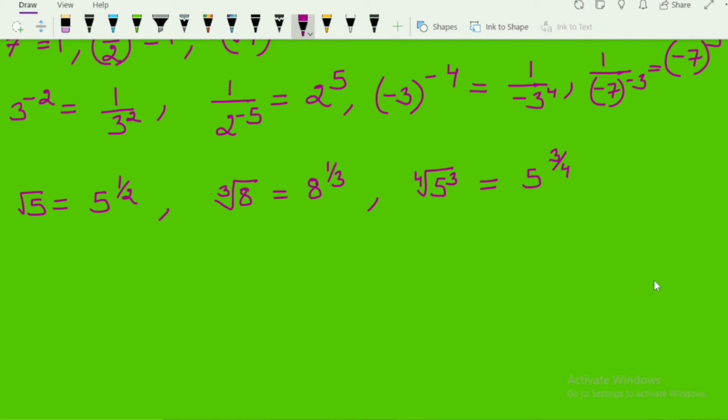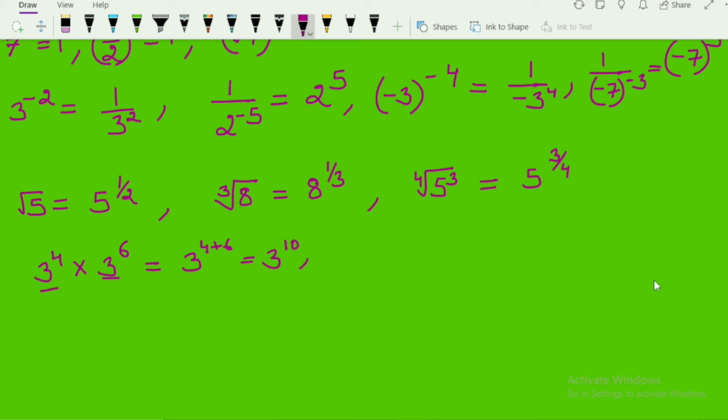Now to multiply two exponential numbers, look at the rule. When we multiply, the powers are added, but the bases have to be the same. Let's take 3 to the power 4 multiplied by 3 to the power 6. So simply we write the base one time. Base is 3 over here, and the powers will be added, 4 plus 6, that becomes 3 to the power 10.